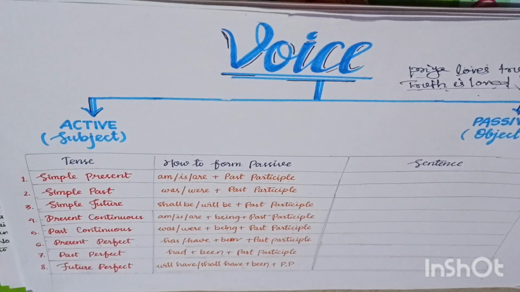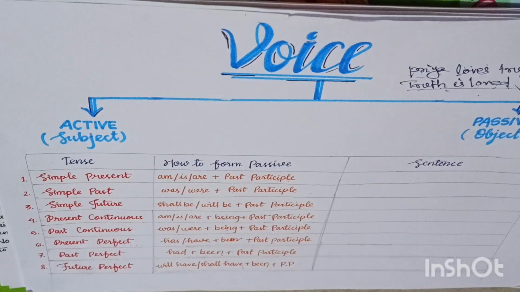In sentence one, Priya is the subject, so it is the active voice, as the subject is the main part of the sentence. The second sentence is the passive voice, as the object is the main part in that sentence. That object is truth.